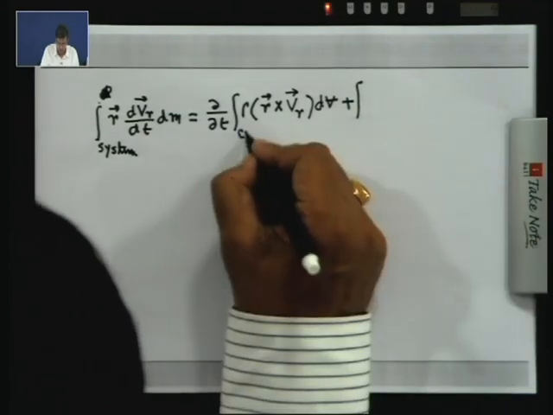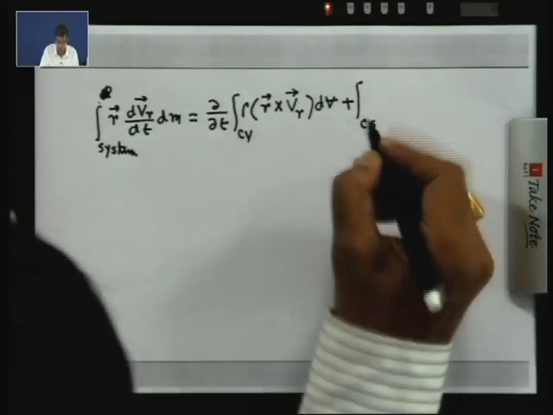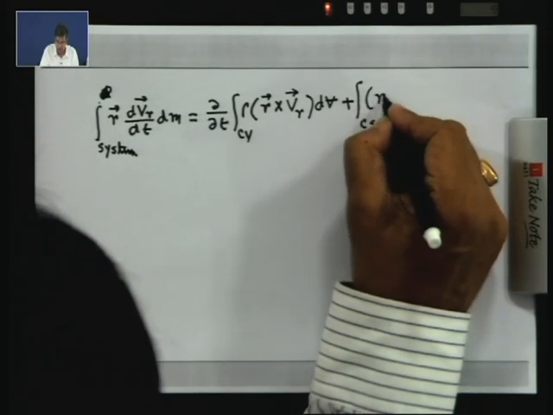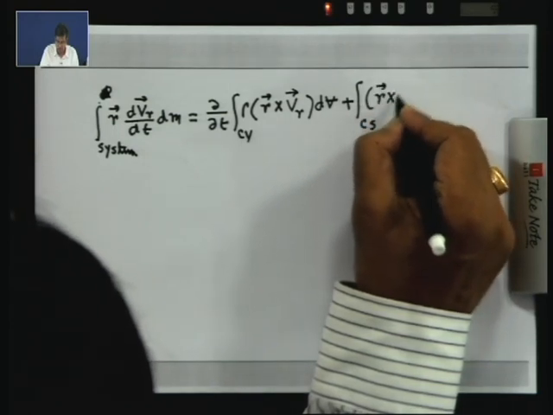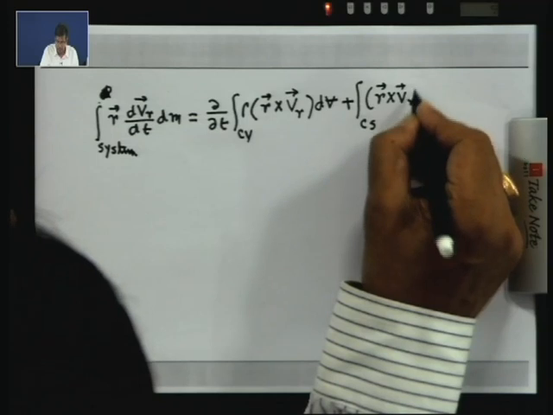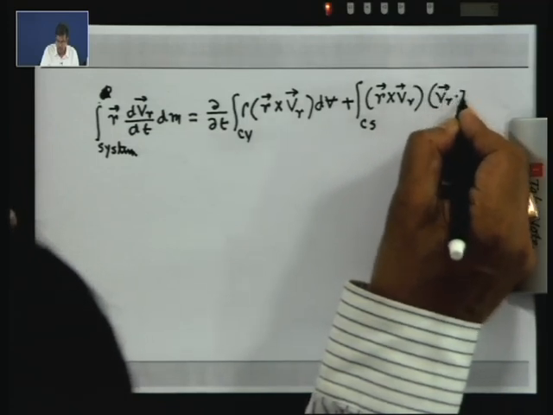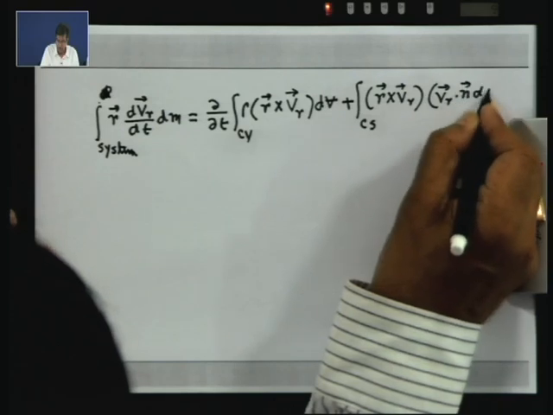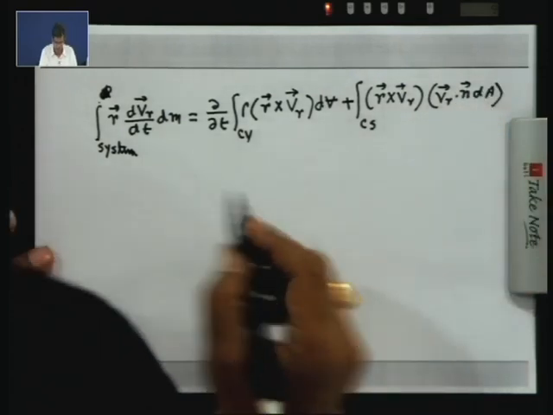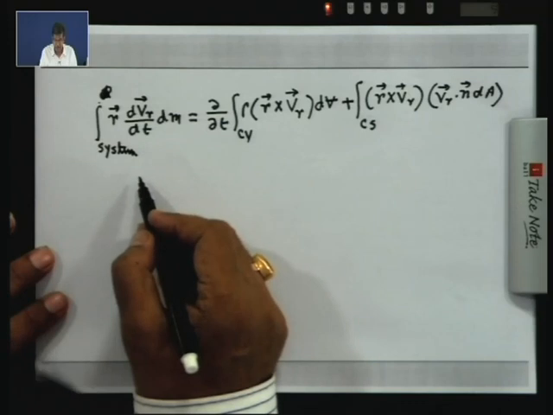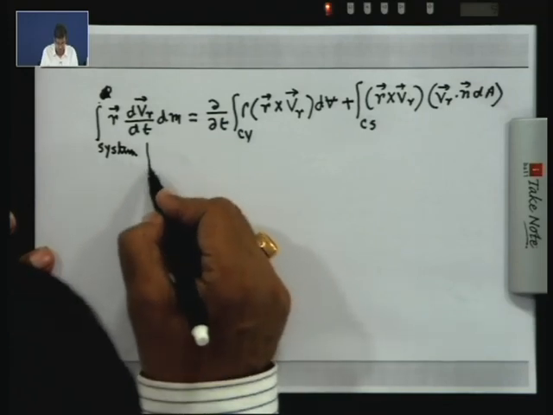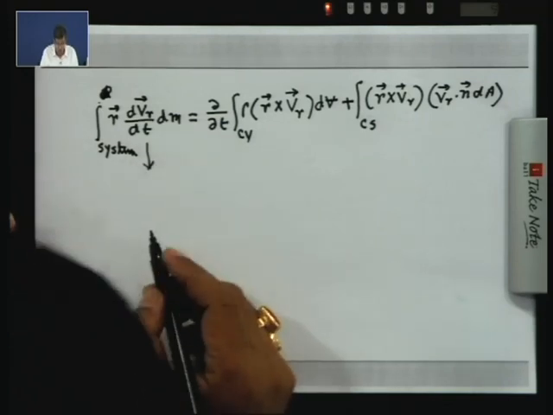over the control surface, r cross V_R, and as usual V_R dot n dA. So again, can we write this as the sum of the momentum? No. Why?